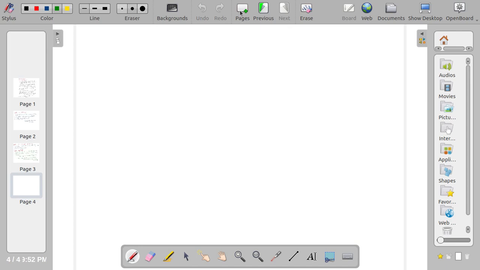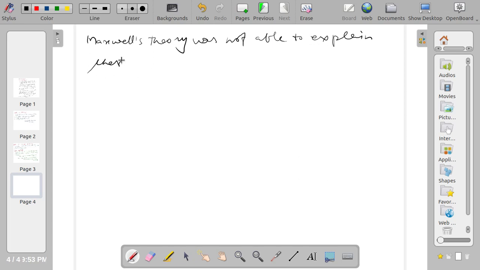Maxwell's theory was not able to explain these experimental observations.